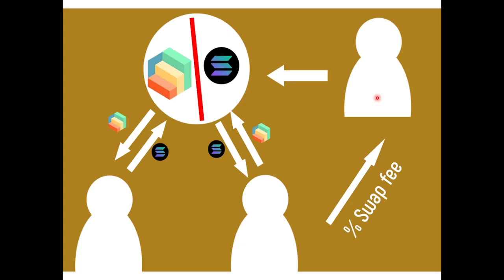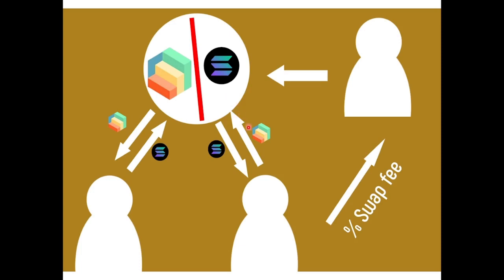They deposit their tokens into the liquidity pool, and then every other person who wants to swap between tokens can come and exchange, as long as those tokens are in the pool. A liquidity pool contains only 2 tokens, so you can have a maximum of 2 tokens in a liquidity pool.